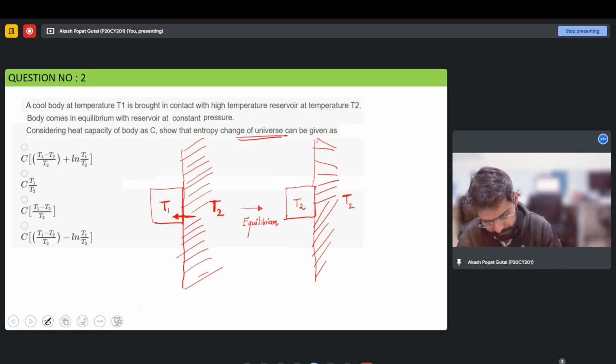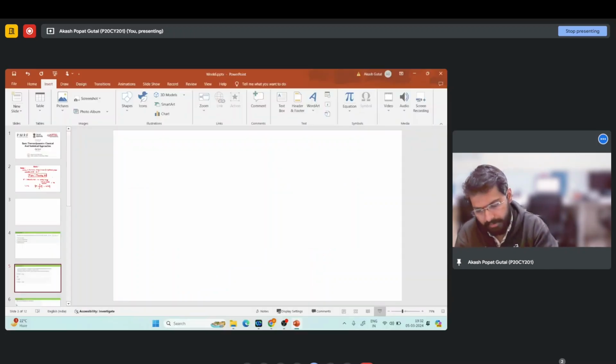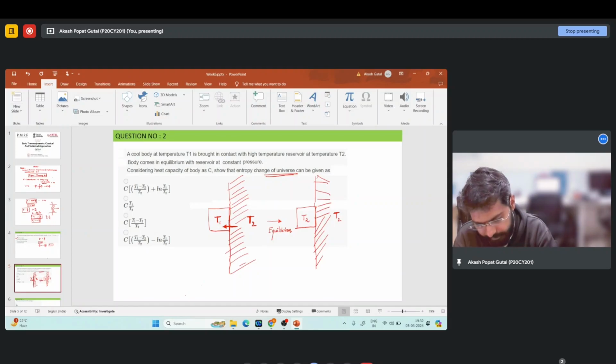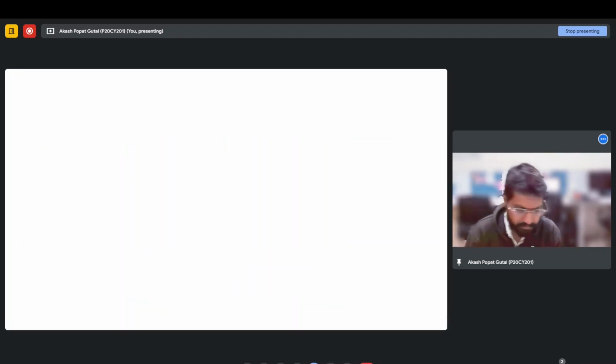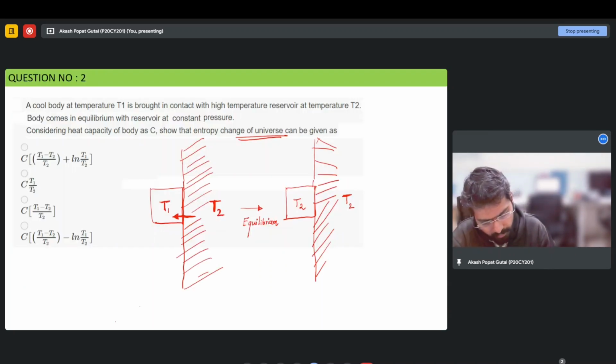So there are two entropy changes: the entropy change for the cold body, and the entropy change for the reservoir. We need to find the entropy change of the universe.